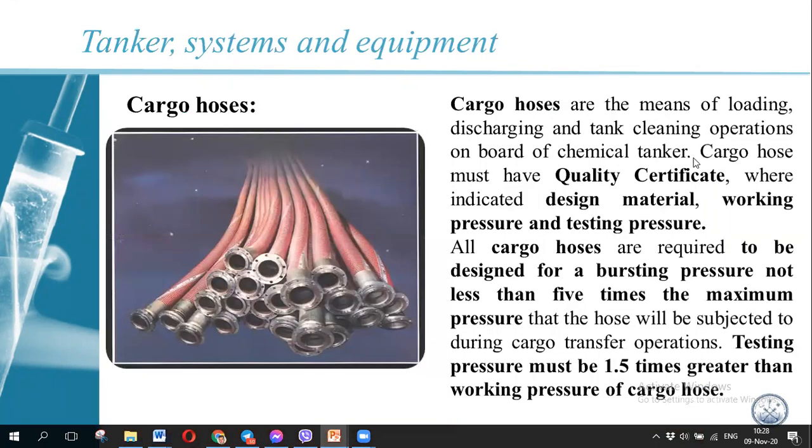Next important thing is the cargo hoses. Cargo hoses you use in several ways on board the tank. Sometimes you have to discharge via the cargo hoses, or in some cases, you have to connect the lines between the cargo tanks by your own cargo hose. You have on board a few lengths.